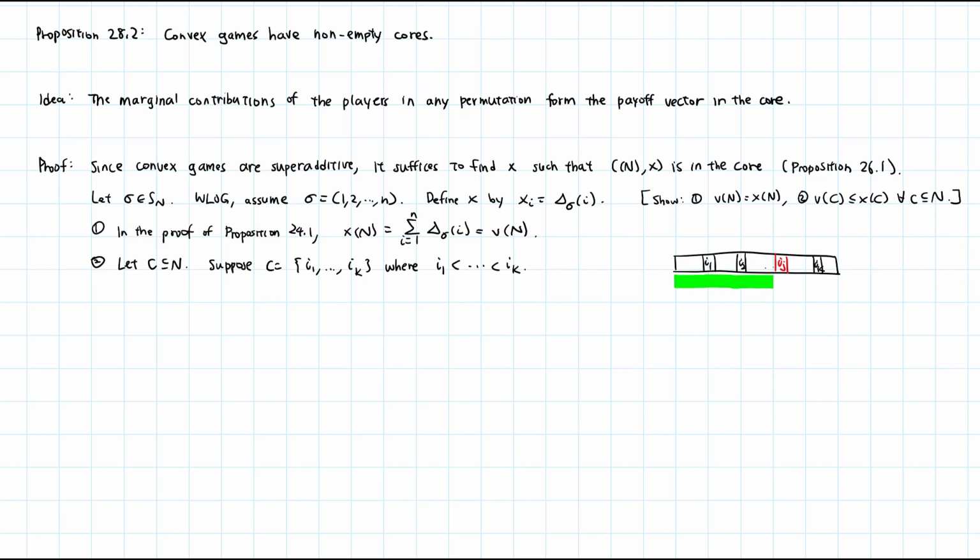One is the set of all the players that come before i_j in a permutation, and the other is the set of all players in C that come before i_j in the permutation.